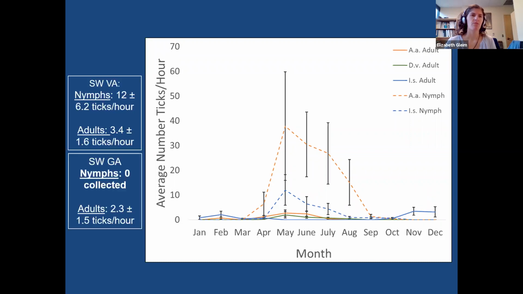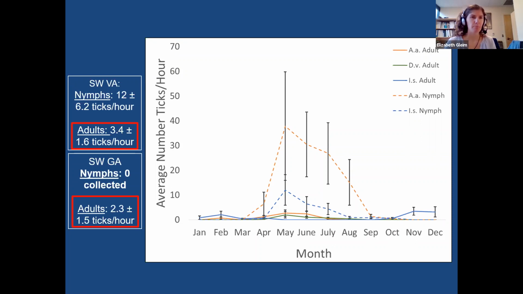So, for example, I did my graduate work down in southwestern Georgia using the exact same methods that I used on the current project to collect ticks on a monthly basis down there. And what was interesting to me was that when you look at the abundance of adults that we collected in southwestern Virginia versus southwestern Georgia, the abundance is kind of similar, probably not significantly different.